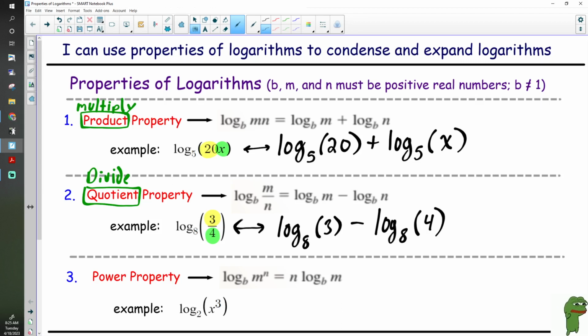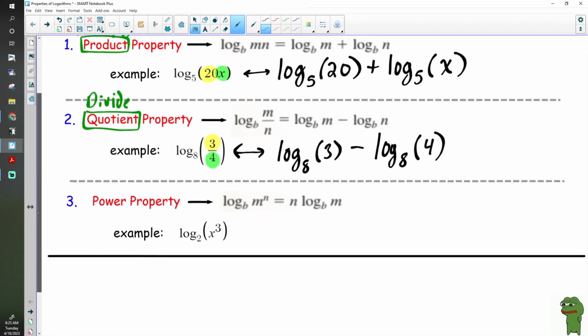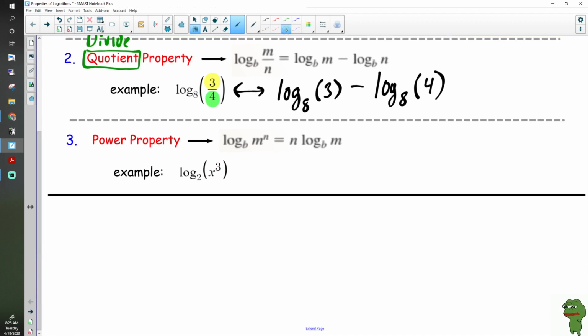And there's only one more property you have to know. And that property is called the power property. The power property applies whenever we have an exponent.